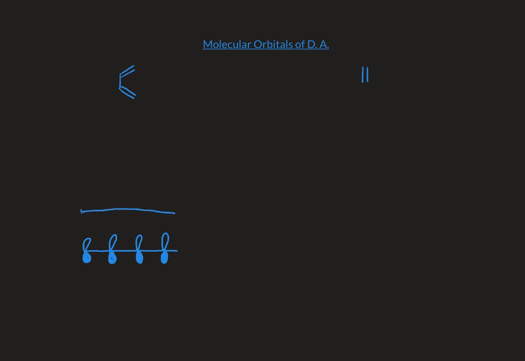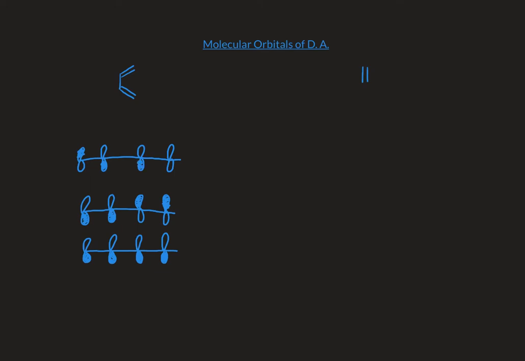The next highest energy orbital has 1 extra node, and it comes between carbons 2 and 3. The third one has 2 nodes. The first one comes between carbons 1 and 2.